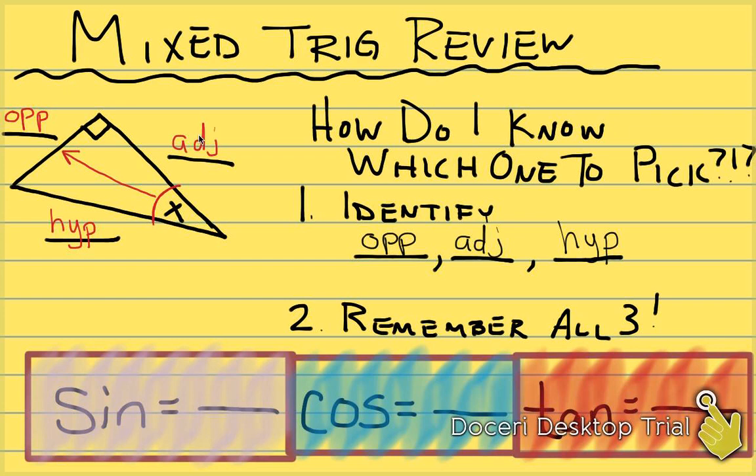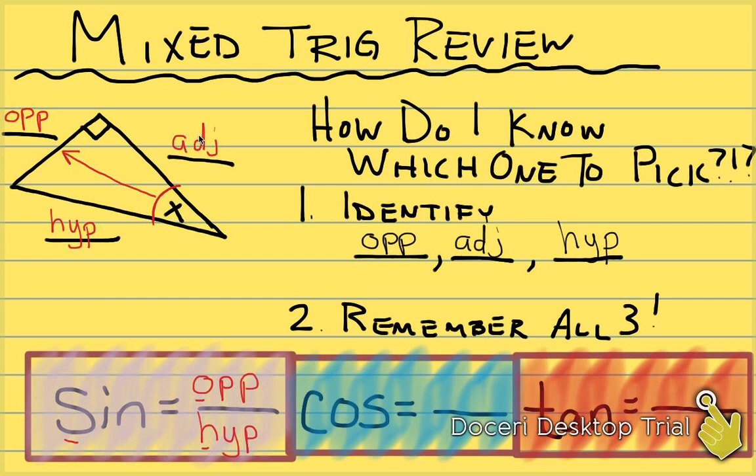Once we've done that, you need to remember all three of the trig functions: sine, cosine, and tangent. If you recall, sine is opposite over hypotenuse, SOH, or some old horse.